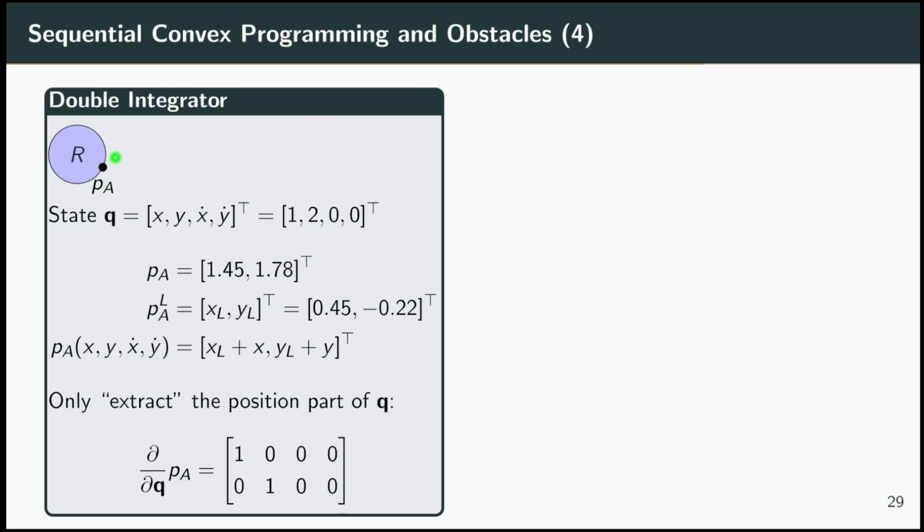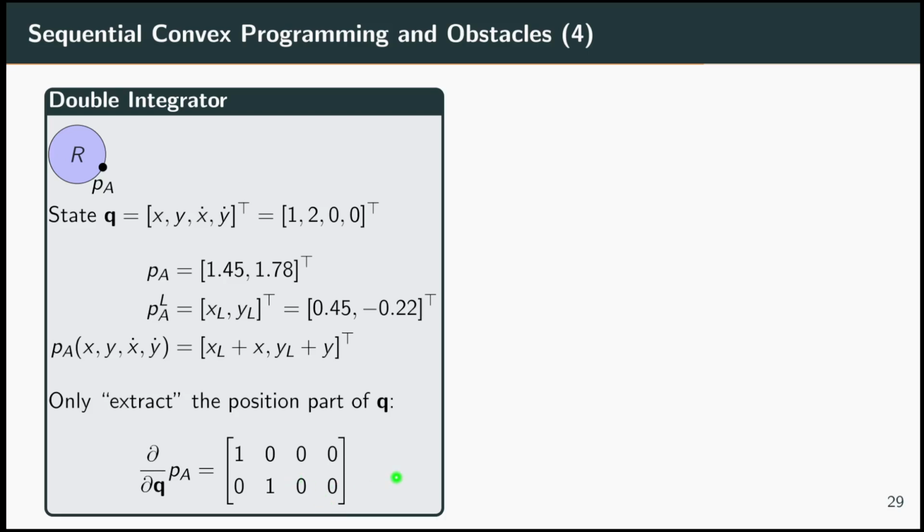So it can just translate, there's no weird rotation. And essentially that means that our partial derivative at the end just extracts these position parts from our state Q and tells us how we change.